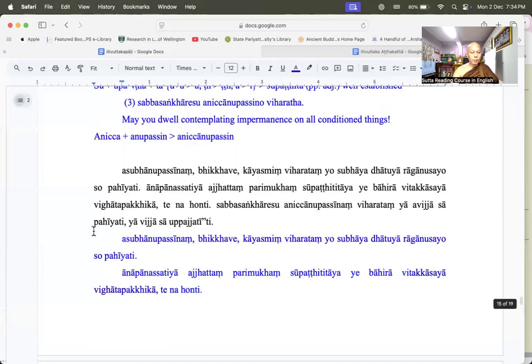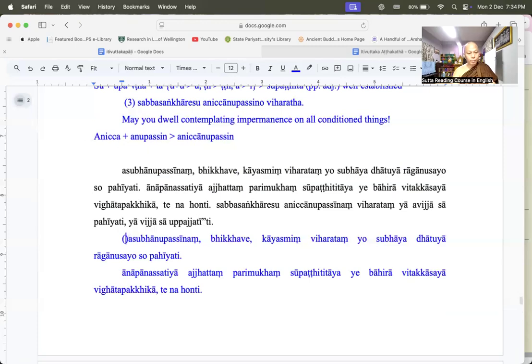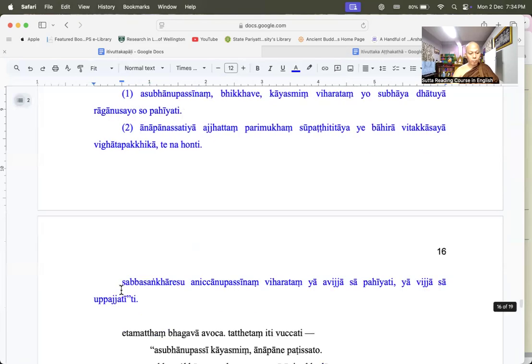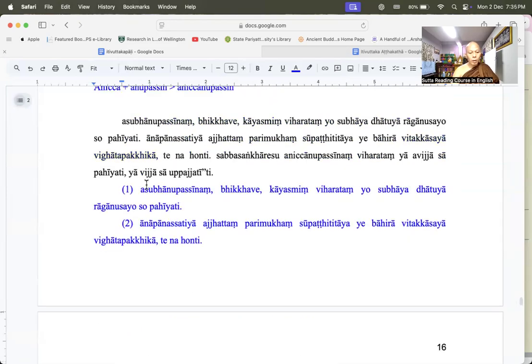These are the results of those three kinds of dwelling.